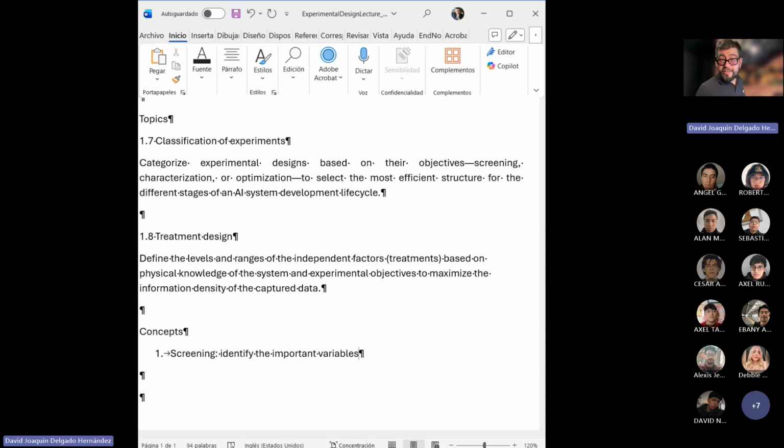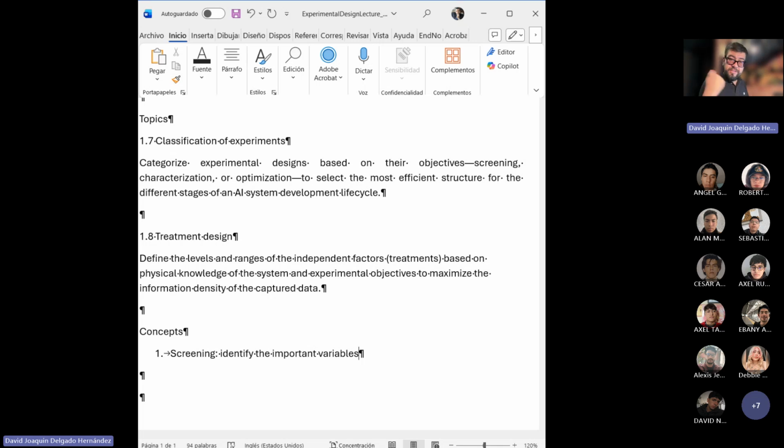One common mistake that is normally present in the design of experiments is that we are analyzing variables that at the end of the day, they are not very important. And the reason why we could get in this trap is because we didn't screen at the beginning of the experiment what are the important variables for my experiment.